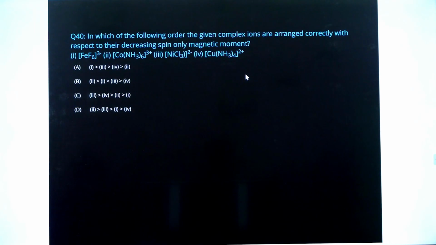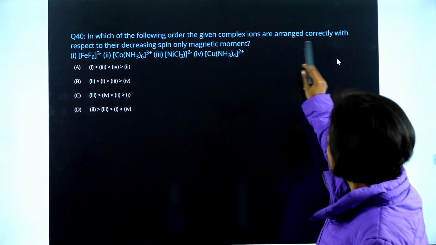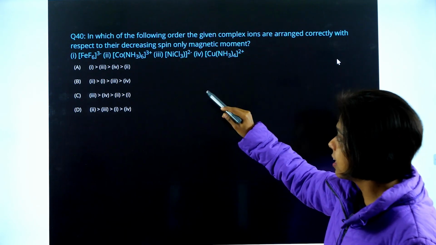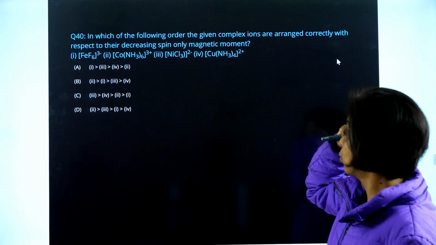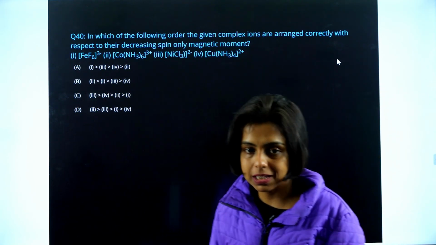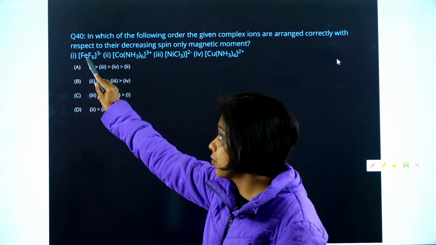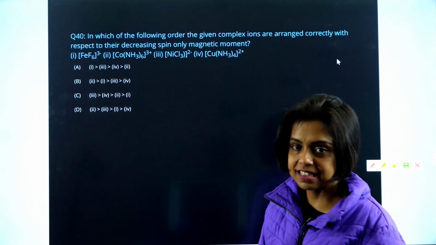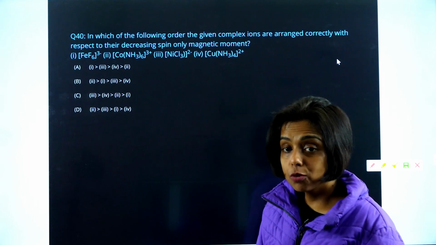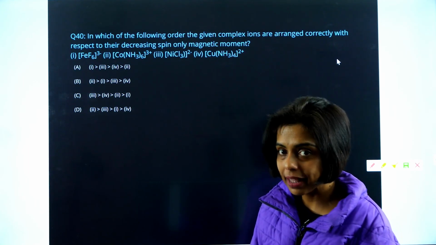Next question we have: in which of the following are complex ions arranged correctly according to decreasing spin only magnetic moment? So guys, you are provided with coordination compounds, the different complexes. You are supposed to see the oxidation state. Fe is in +3 oxidation state, and fluoride in the first complex is a weak field ligand, no pairing.